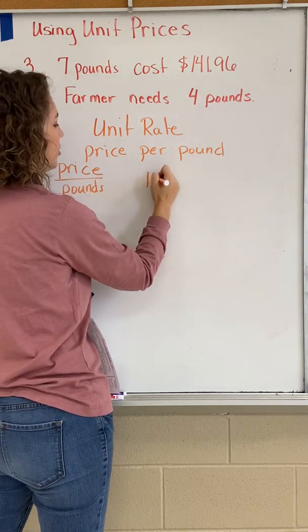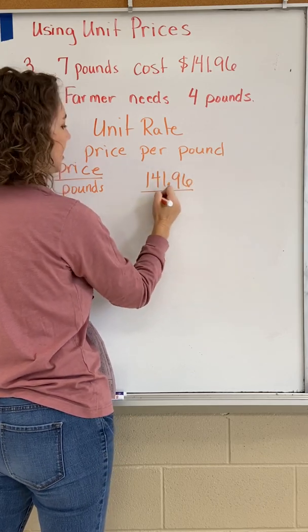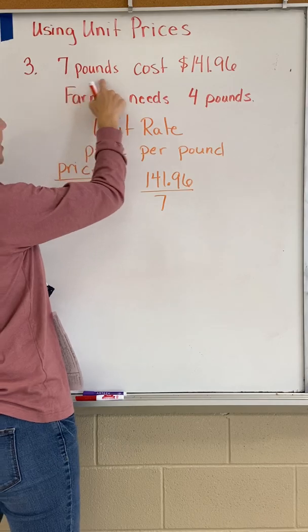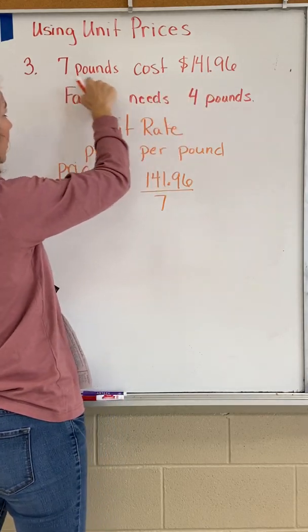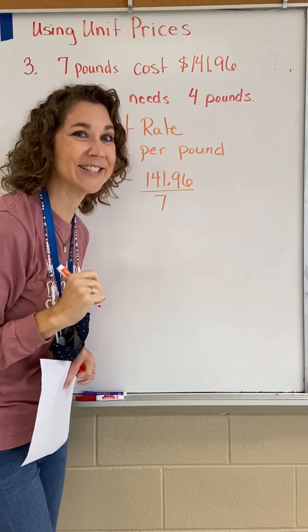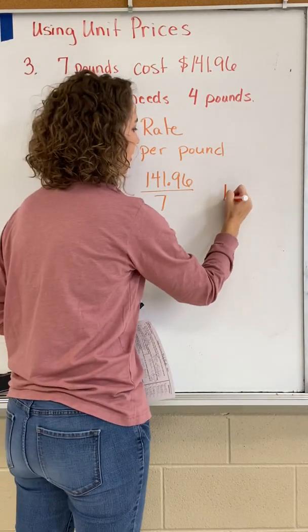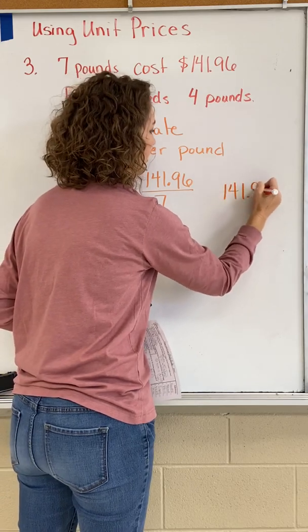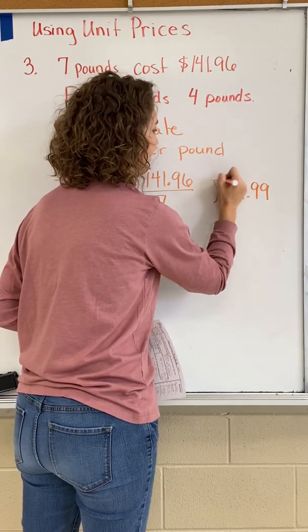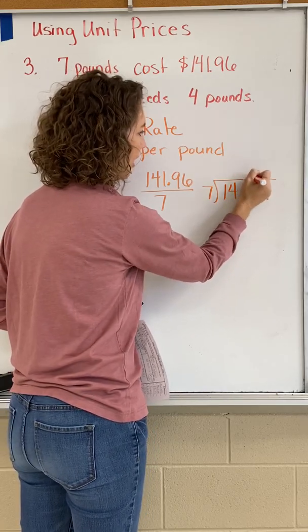So it's going to give us $141.96 over 7. We're using this as our ratio. Now that fraction bar, what does it mean? It means to divide. We're going to divide $141.96 divided by 7. Push that decimal up.